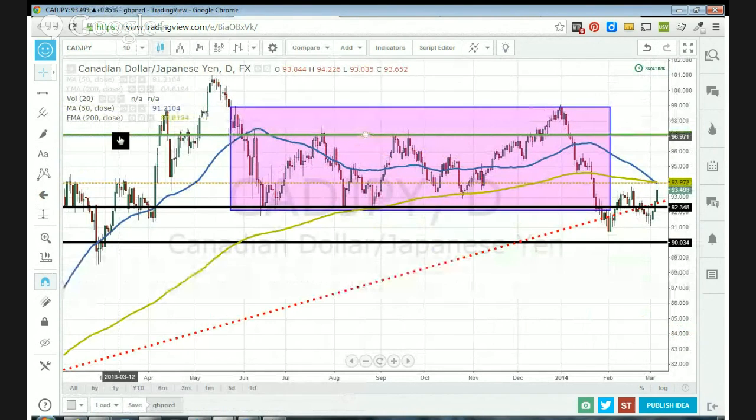Canada yen, we are now closing above this black line here. So if we can pull back to it, I might be interested in going long at 92.35 on Canada yen. Interestingly, the moving averages are about to cross; the 50 simple moving average has crossed the 200 exponential already, which might bring in some bears.